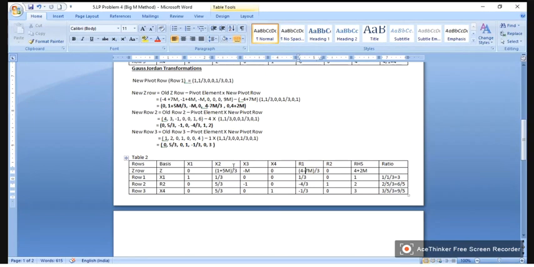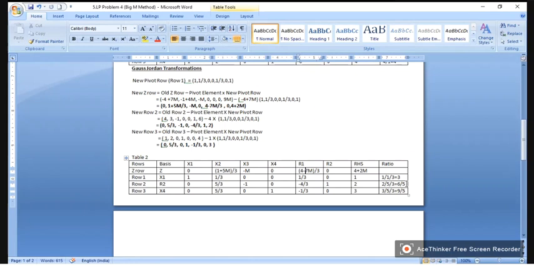So x2 can enter. If x2 can enter, which of the basic variables should leave? Is it x1, r2 or x4? R2, you have to take the ratios. R2 has the least value.